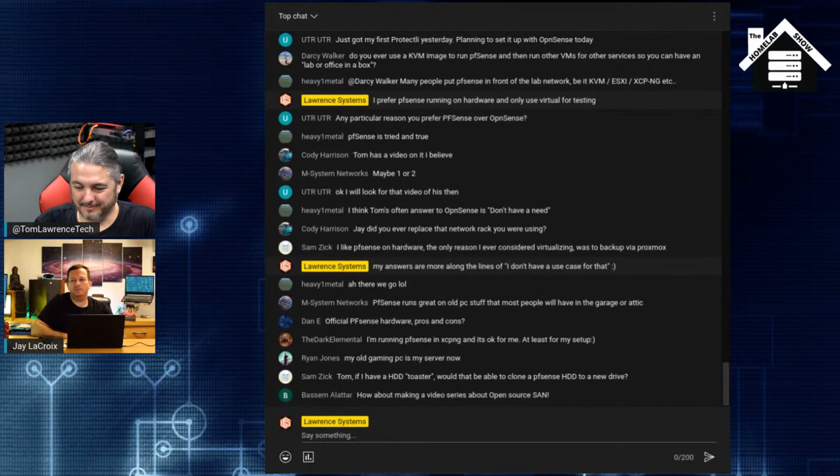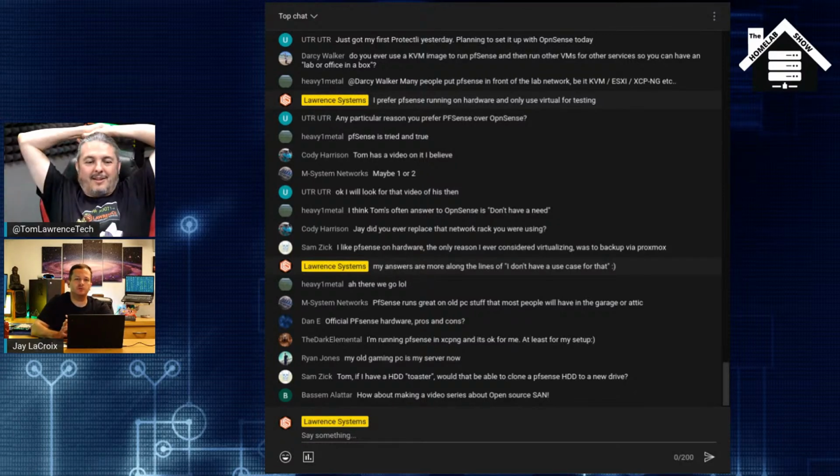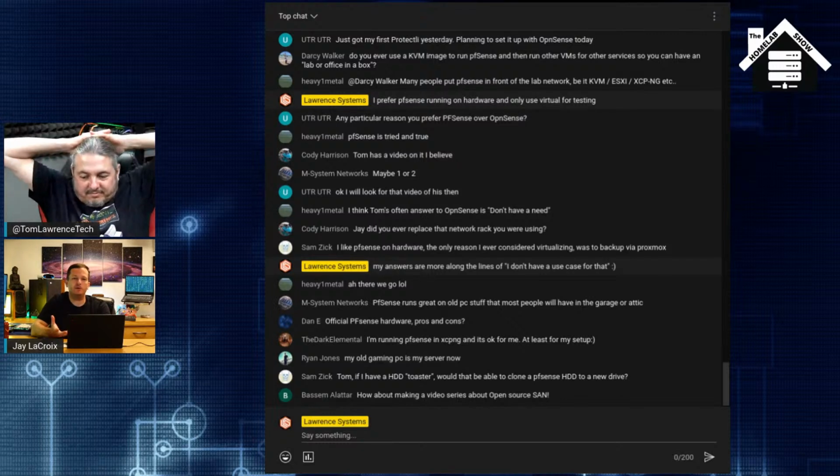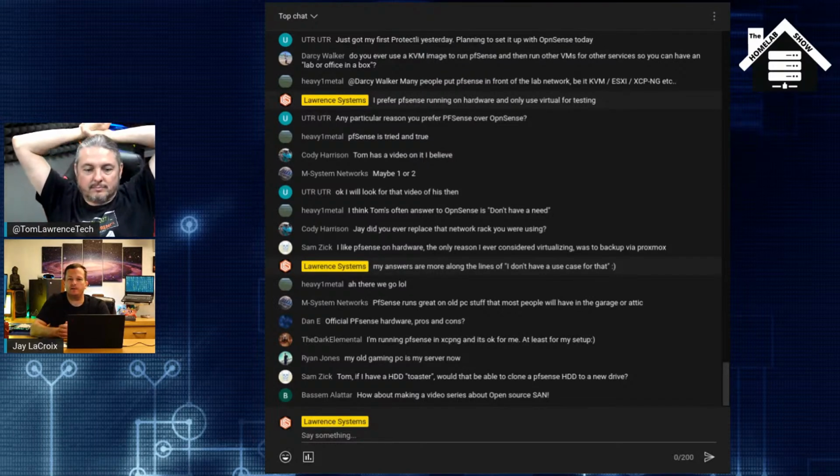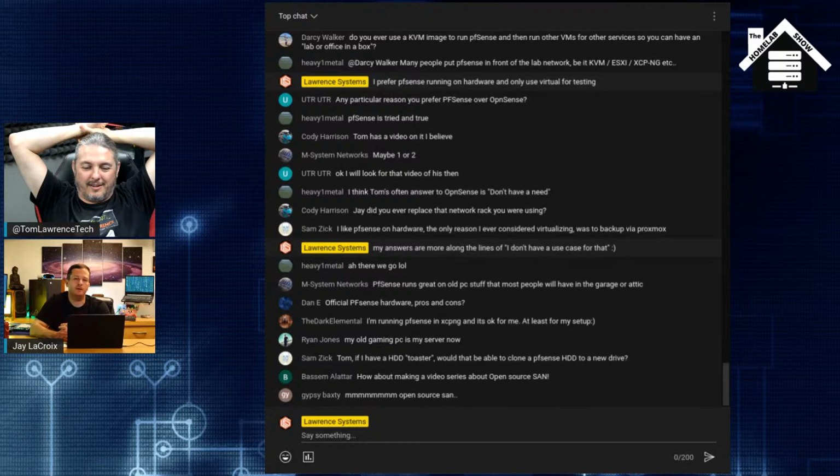Those i5 and i7 CPUs are overkill for most of the stuff, because a lot of the commercial things don't even have a CPU that powerful, because they don't need to, because of routing traffic. It's not like you're gaming, right? You just need to route traffic, so it's cheaper usually to get a CPU that'll handle it. Yep. All right.